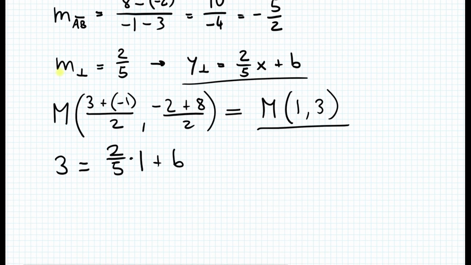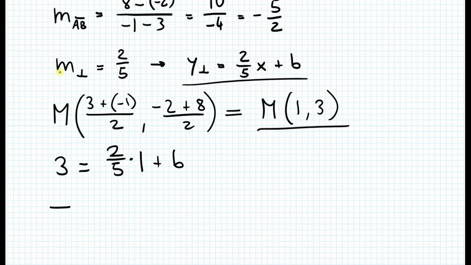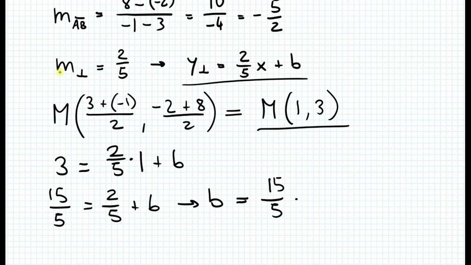So let me rewrite this over 5 so we can easily do the math here. So if this is over 5, then this should be 15 over 5, right? Equals 2/5 plus b, which means that b equals 15 over 5 minus 2 over 5, okay? Which is going to be equal to 13 over 5.